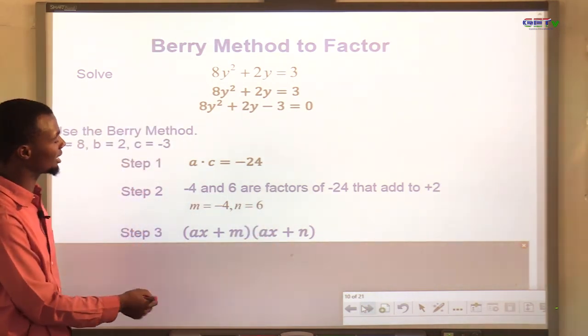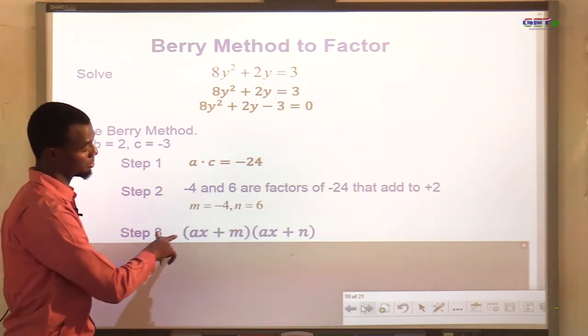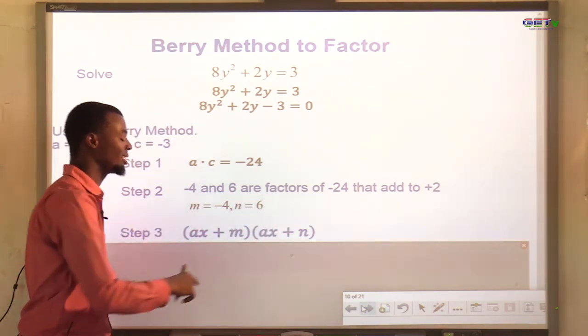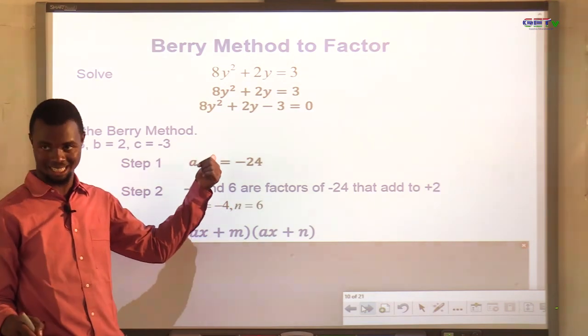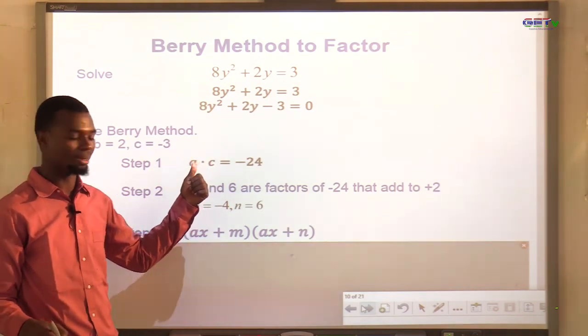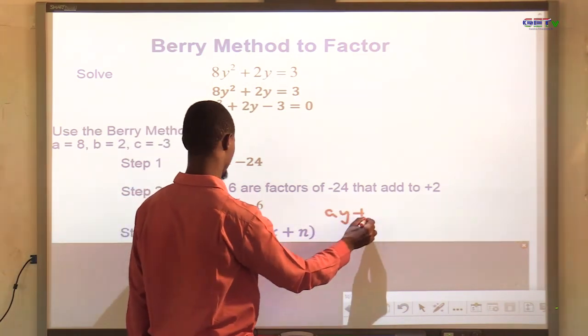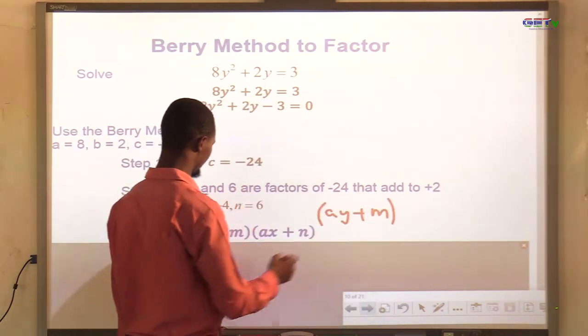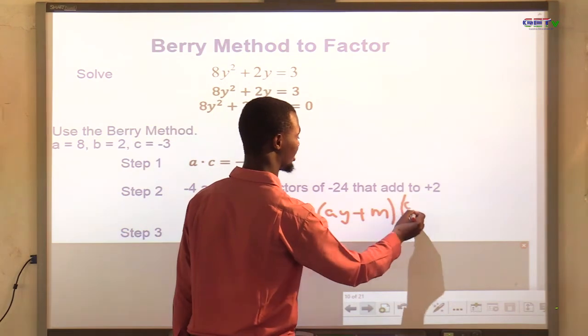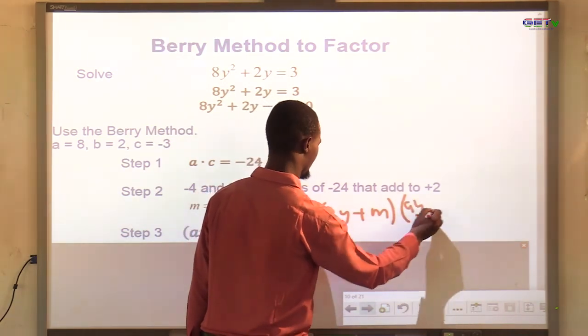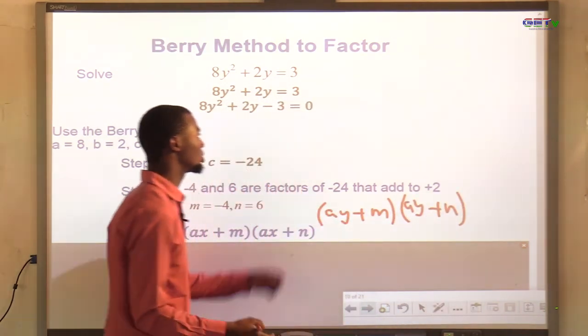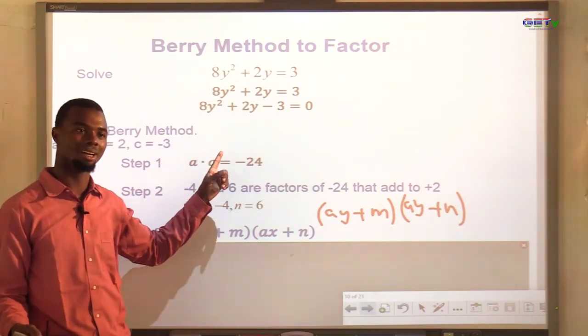Now, how do we do that? If you look at this one here, our equation is not in x as the variable. Our equation is in y. So this will be ay plus m and ay plus n, because the equation is given in y.